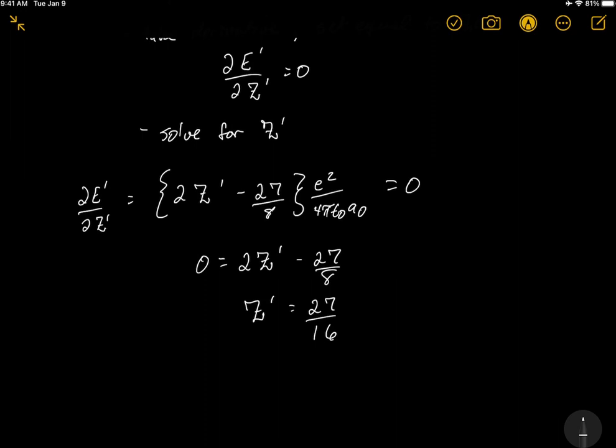We introduced this effective nuclear charge parameter, and we said if there was no screening happening, that both electrons were experiencing the full electrostatic interaction with the nucleus, then we would expect Z prime equals 2.